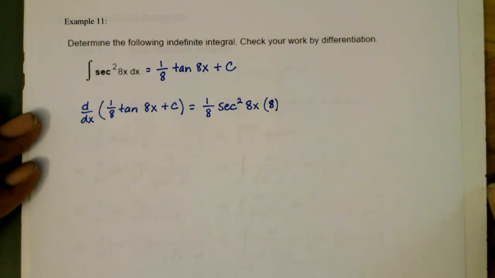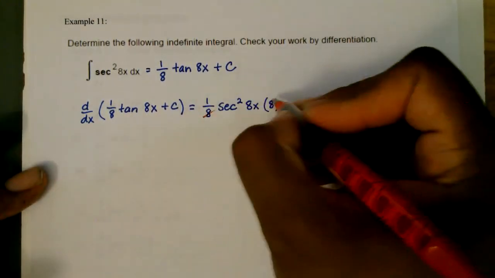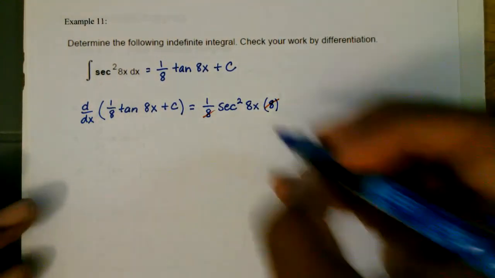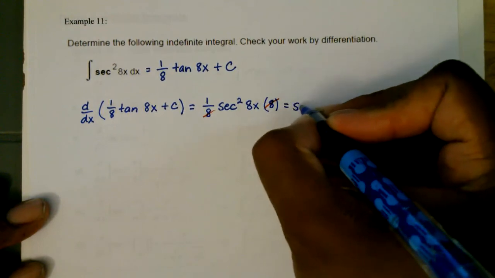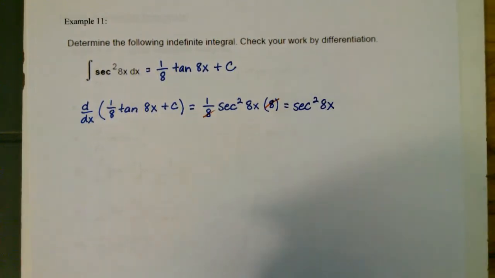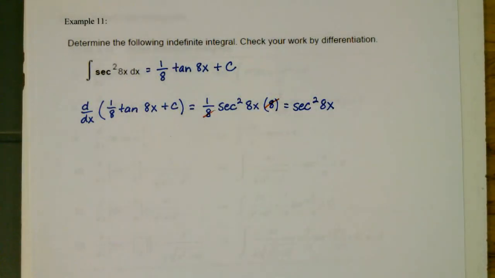And then the derivative of any constant would be 0. So these 8's divide out. 1 times secant square of 8x would just simply be secant square 8x, which is the same as that integrand that I came up with to start. Okay, so that integral was taken correctly in that problem.